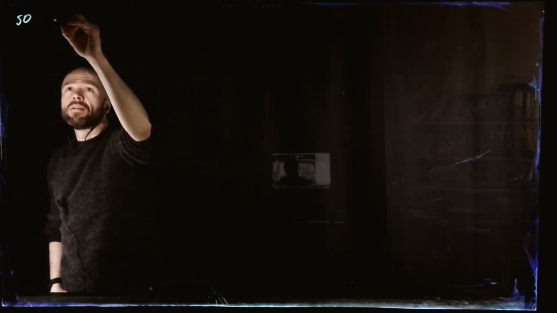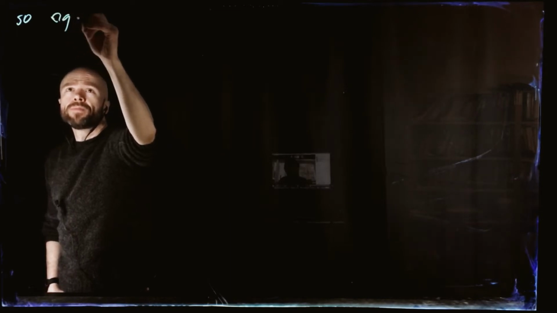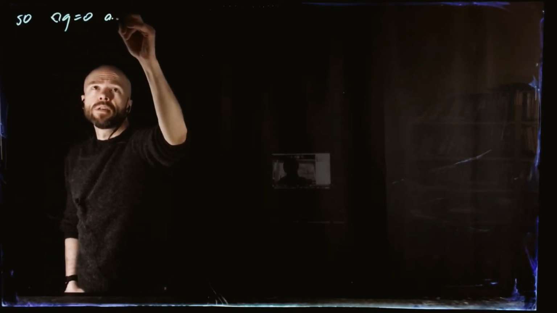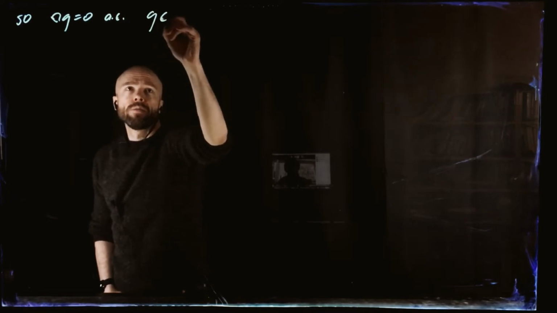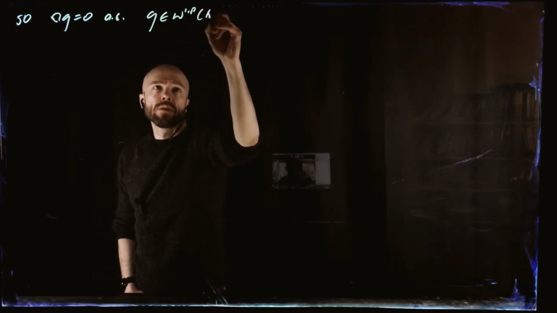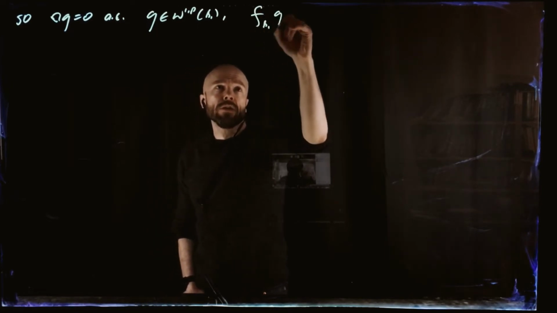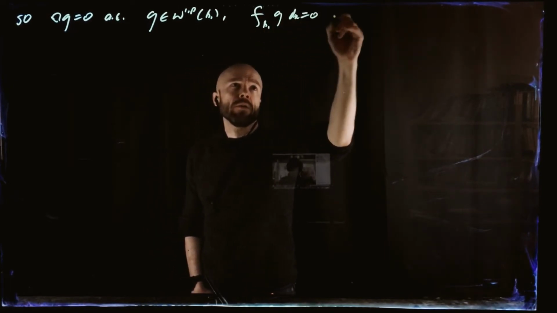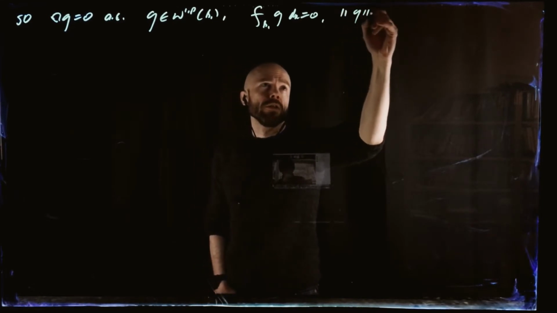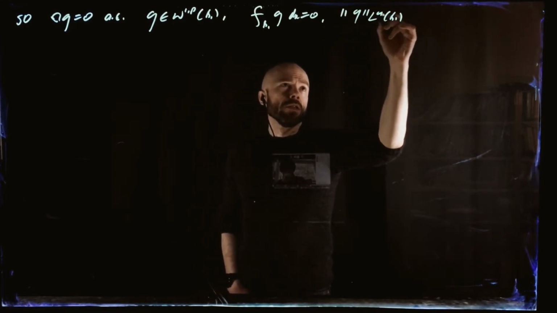But we're in Sobolev space, so we don't have pointwise things happening anymore. But we can still do something, and let me just briefly sketch that. So we have that the gradient of g equals 0 almost everywhere, g belongs to W^{1,p} of the ball, the average of g is equal to 0, but the L^q norm of g is equal to 1.